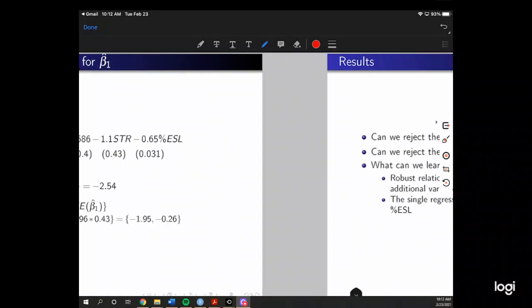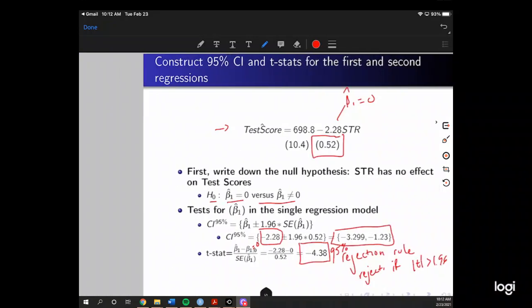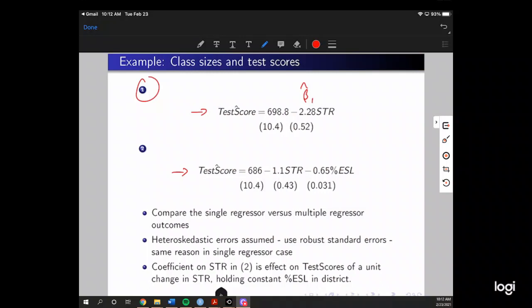regression equation? Let's go back real quick and look at the results. We know that we have omitted variable bias, and so the coefficient on student-teacher ratios in model 1 here is negative 2.28, which is larger in magnitude, in absolute value, than the coefficient in this model, negative 1.1.